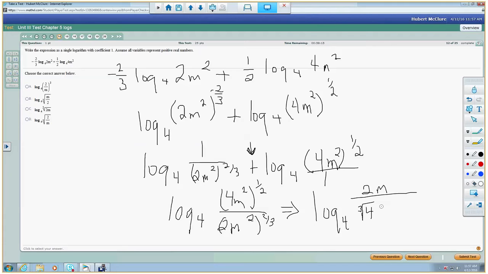And then that 3 times 2 is what? 6. Wait a minute. I think I messed it up. No, this exponent over index. That's the cube root of m to the what? 8th power?